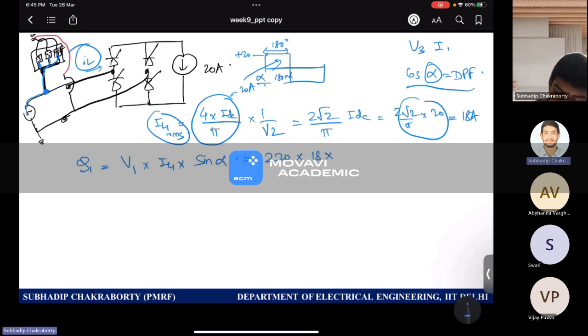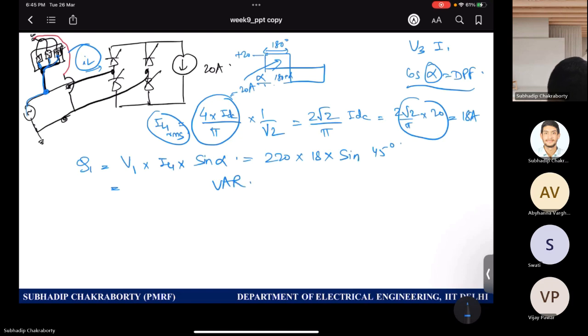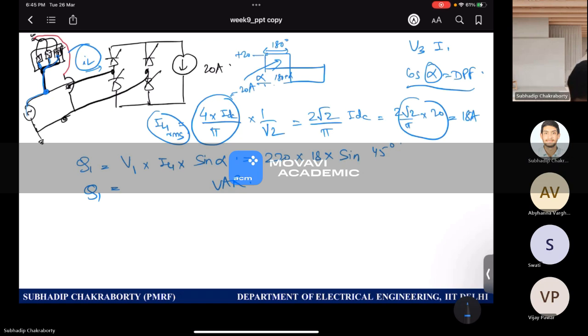So you multiply 18 times sine. How much is the angle? 45 degrees, right? So what is the VAR coming? 220 times 18 into 1 by root 2. So it is 2800 volt ampere reactive.